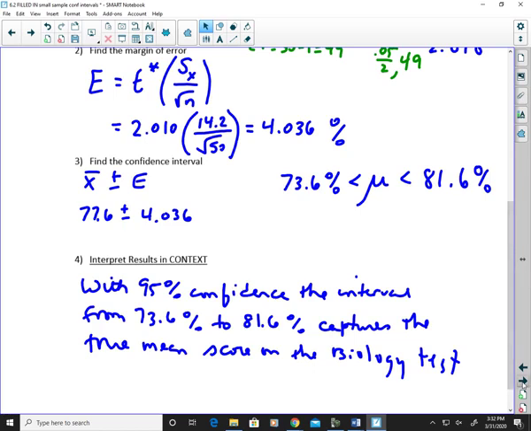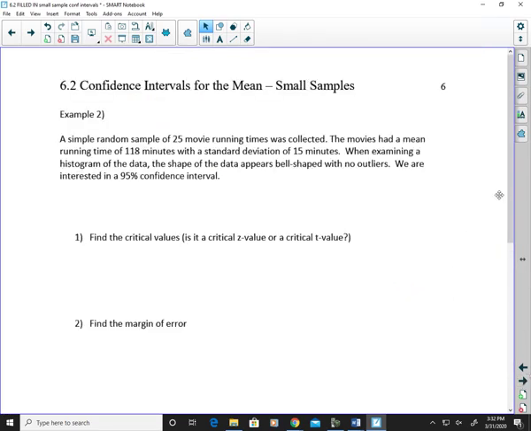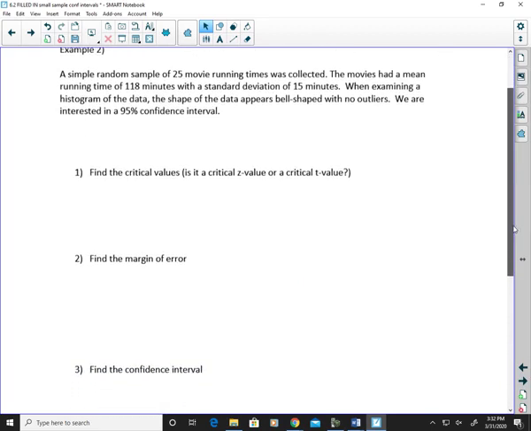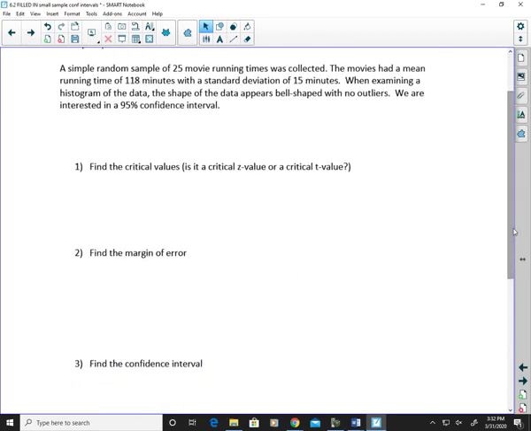Okay, next problem. Let's try it again. So we have a simple random sample of movies, 25 movies to be exact, and we have a mean running time of 118 minutes. And I'll just say that also I had 25 movies.